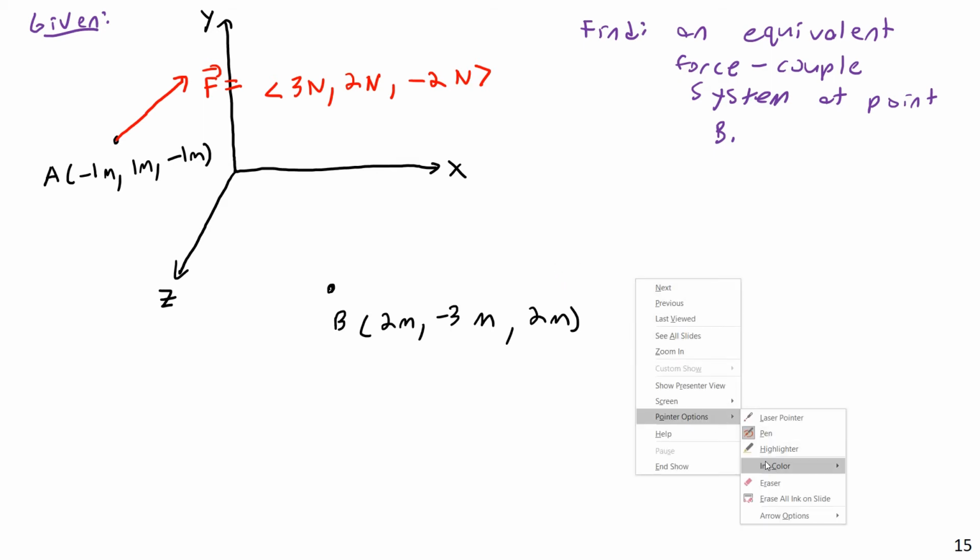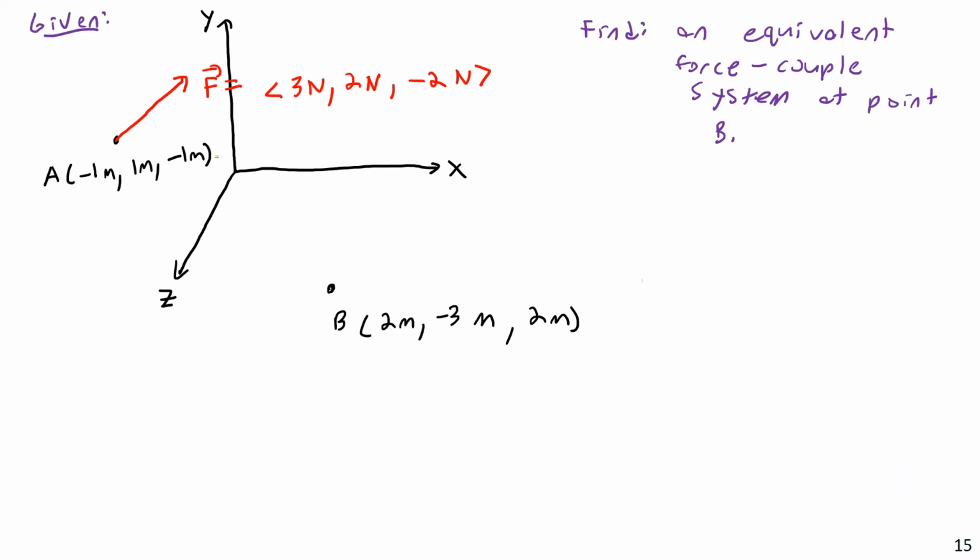Okay, so let's go ahead and get the R from A to B. This one's not going to be too bad. Let's draw this, if I can manage to draw a straight line, which is always a little difficult for me anyway. RAB.